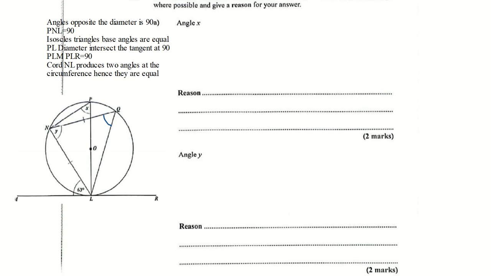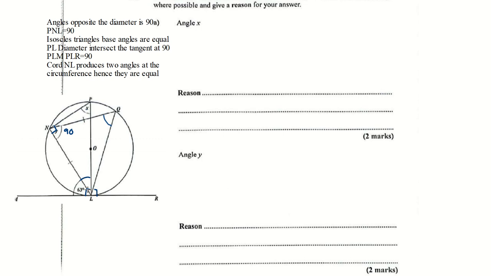Let's zoom in. Angle X. Now, we know that this entire angle here is 90 degrees. Yes? We know that is 90. Can we calculate this angle here? We also know that this is 90 and this is 90.